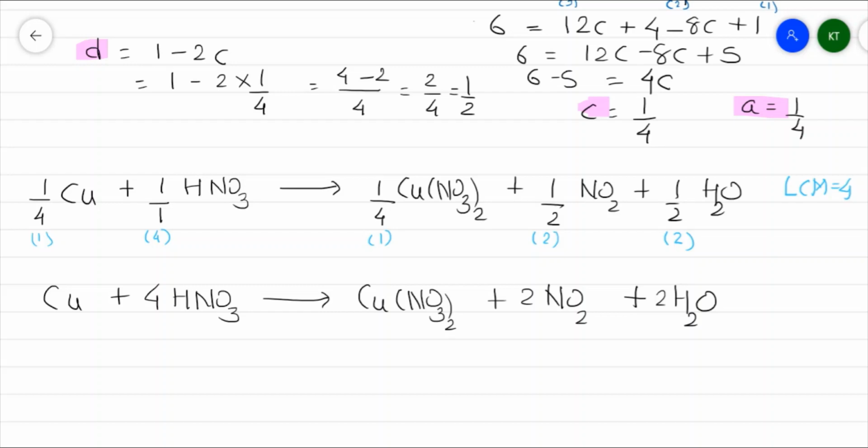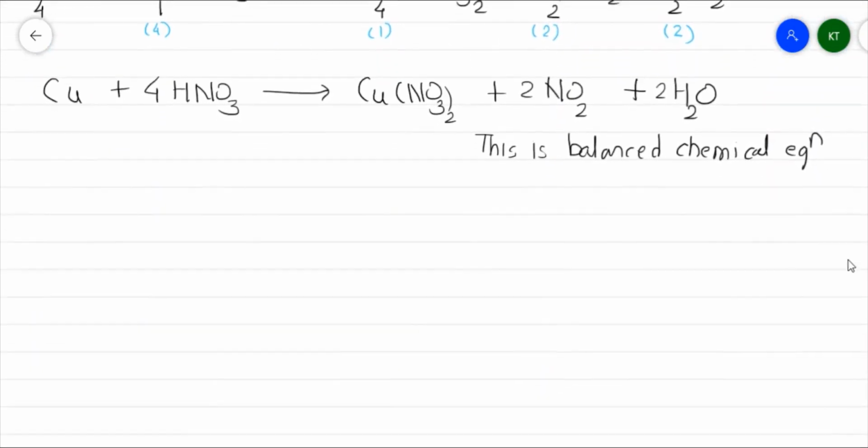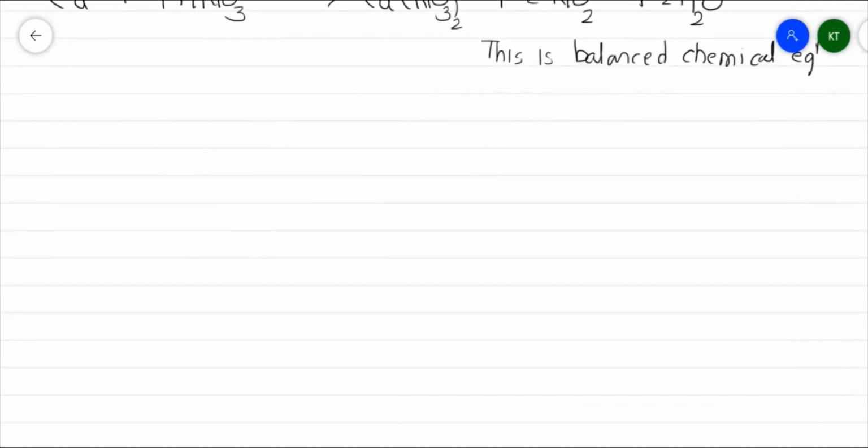So I have 3 twos are 6 oxygen here, plus 2 fours, 4, and 2 oxygen with water. So 6 plus 4 is 10, and 10 plus 2 is 12. So here I got, once again, this is a balanced chemical equation. Okay, now let us move further to understand one more equation in this way.